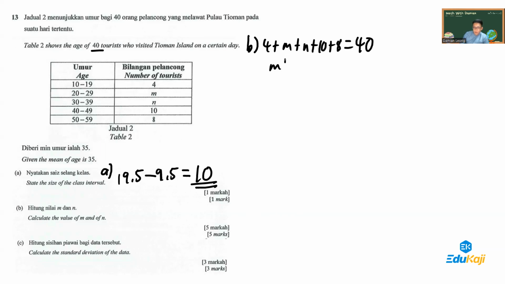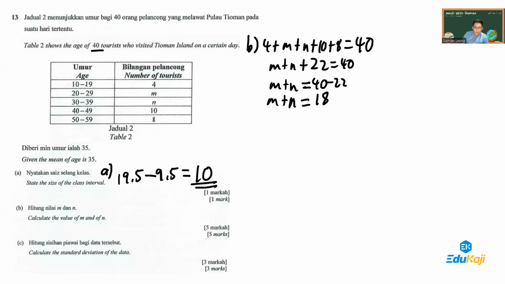So M plus N plus 22 is 40. M plus N is 40 minus 22, which is 18. There are 2 unknowns, so I need 2 equations. For the other equation, I use the mean.